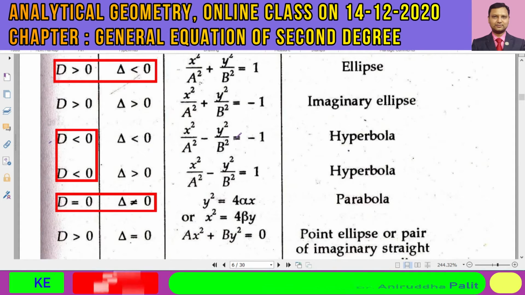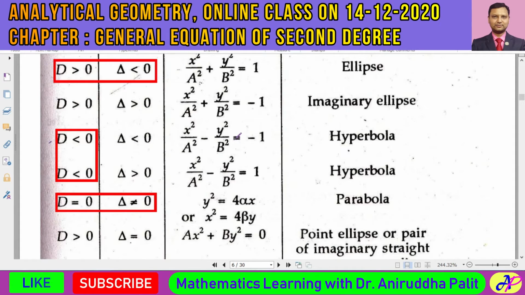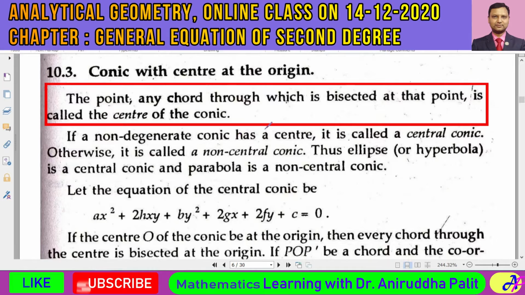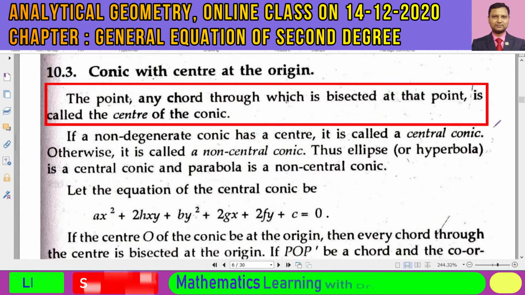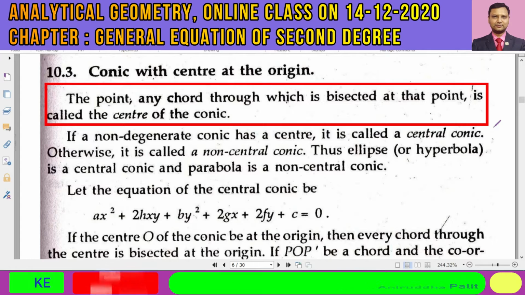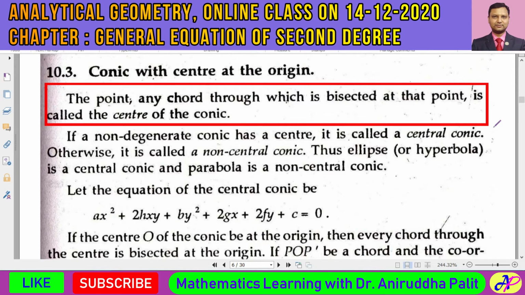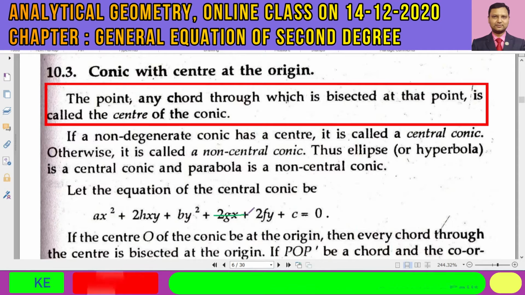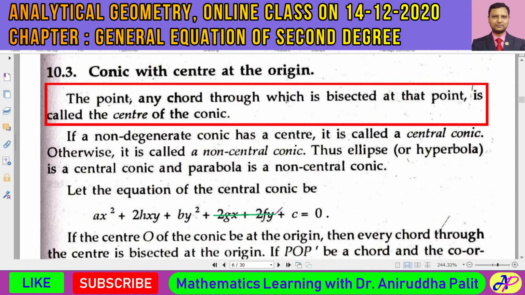These are the corresponding results in tabular form, and we also discussed the result that if the origin is situated at the center of a conic, then this kind of general equation of second degree would not contain terms with x and y. Okay, let me change the color.